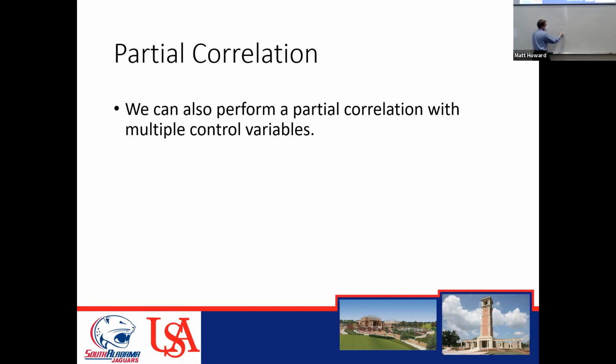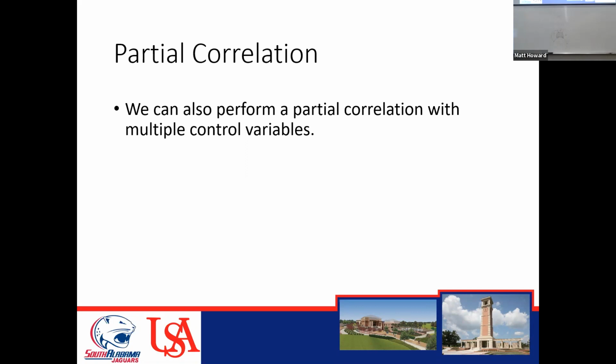So therefore we have right here still the overlap between X and Y. This is still the unique shared variance between X and Y, but now we're taking out the variance of A and also taking out the variance of B. So then the correlation that's left over is the unique variance, the unique relationship between X and Y, while taking out A and B. So therefore we can perform a partial correlation with multiple control variables, and theoretically you can have as many control variables as you want to.